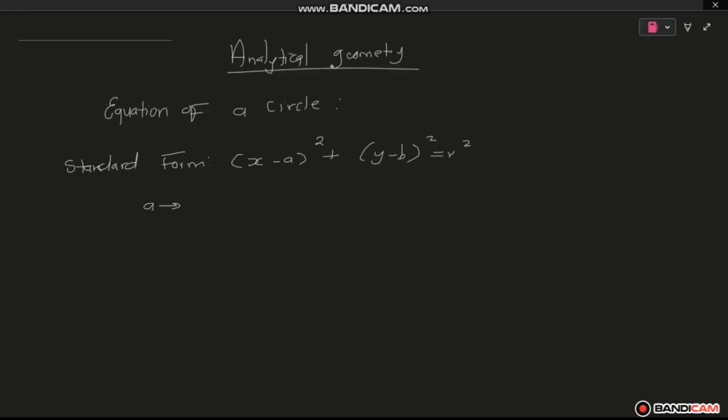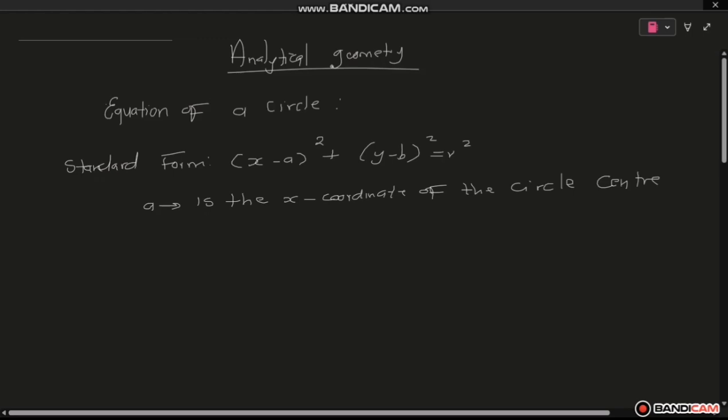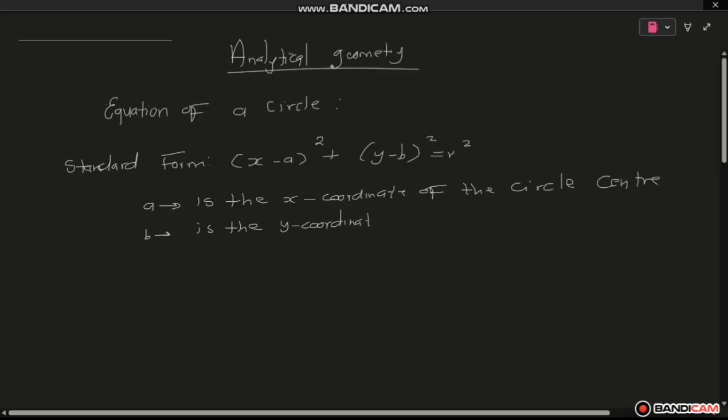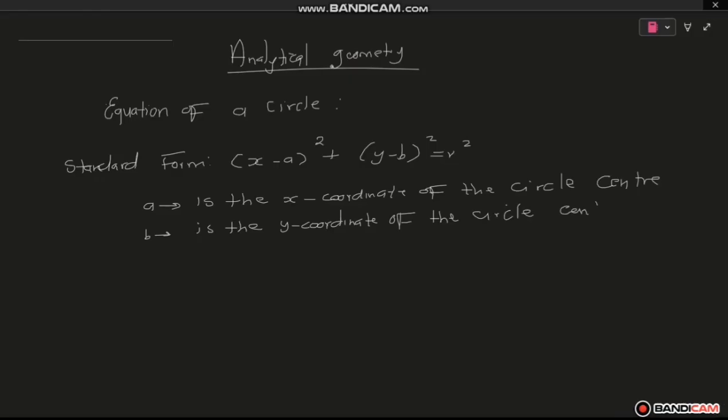So a is the x coordinate of the circle center. b is the y coordinate, since it is inside the bracket with the y value, so it is the y coordinate of the circle center.